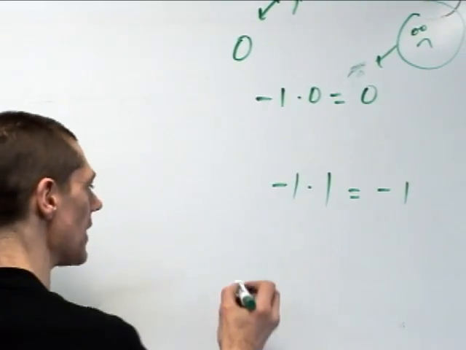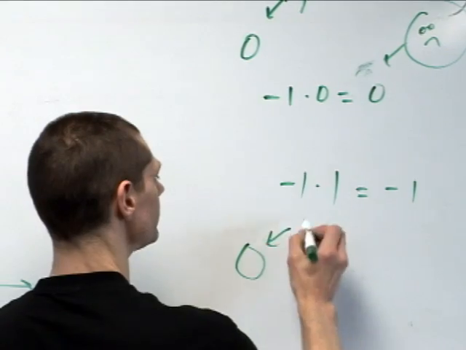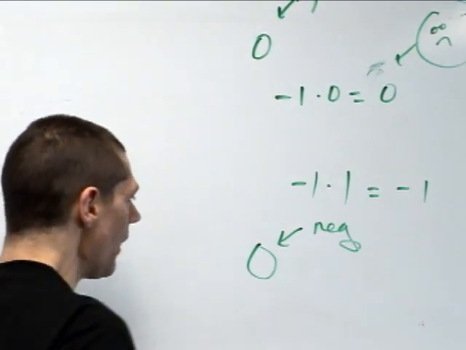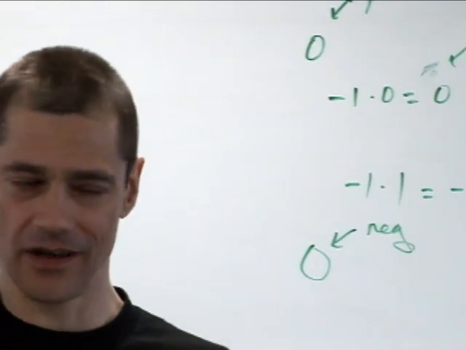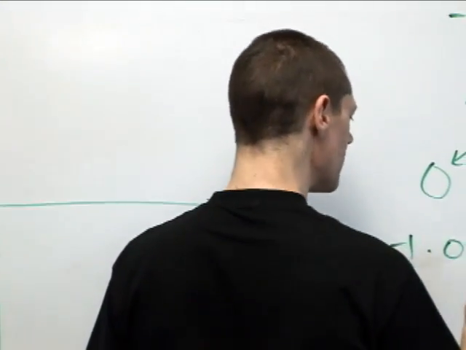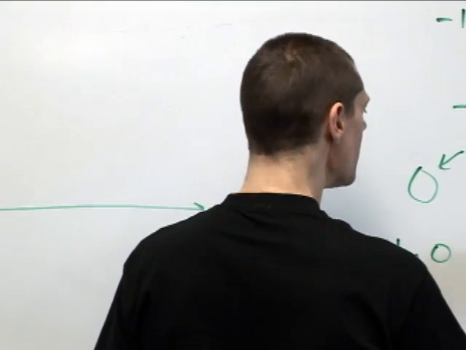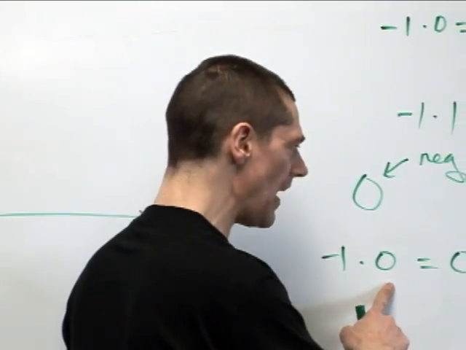Well, suppose it's negative. Suppose negative 0 is negative. Well, if it's negative, when you multiply two negative numbers together, what happens? Well, negative 1 times 0 is 0. If you multiply two negative numbers together, you're supposed to get a positive number.